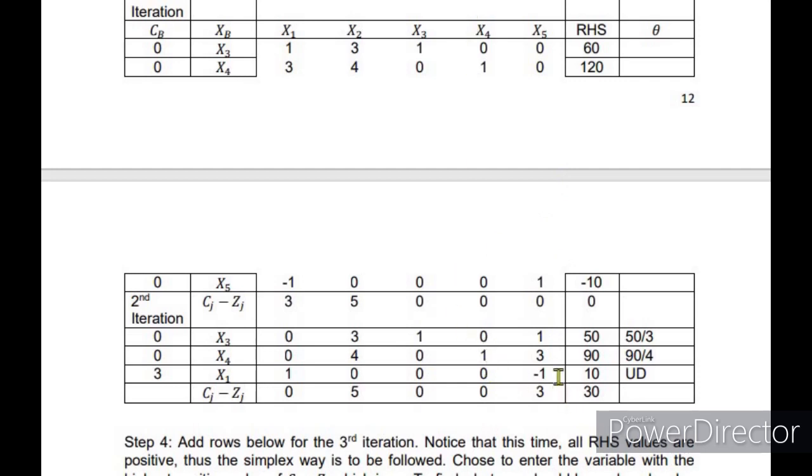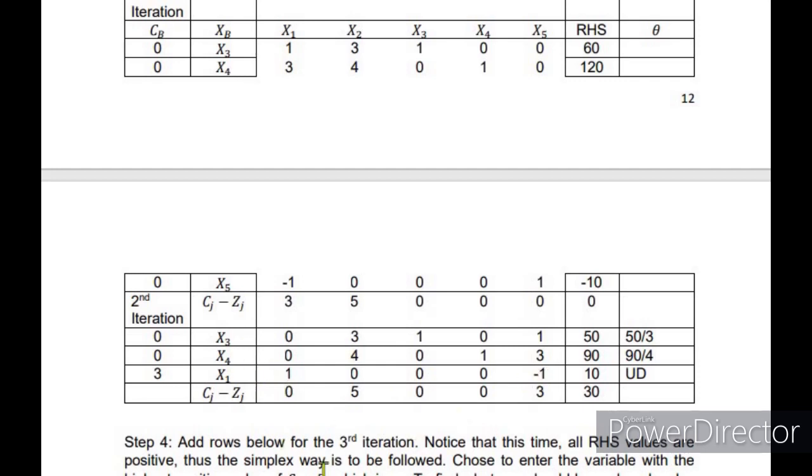Now, 3 multiplied by negative 1 is equal to negative 3, so the original value is 0, and 0 minus negative 3 is positive 3. Next, 3 times 10 is 30, so the original value is 120, and 120 minus 30 is 90. Okay? Do you get it? How do we rewrite x sub 3 and x sub 4?